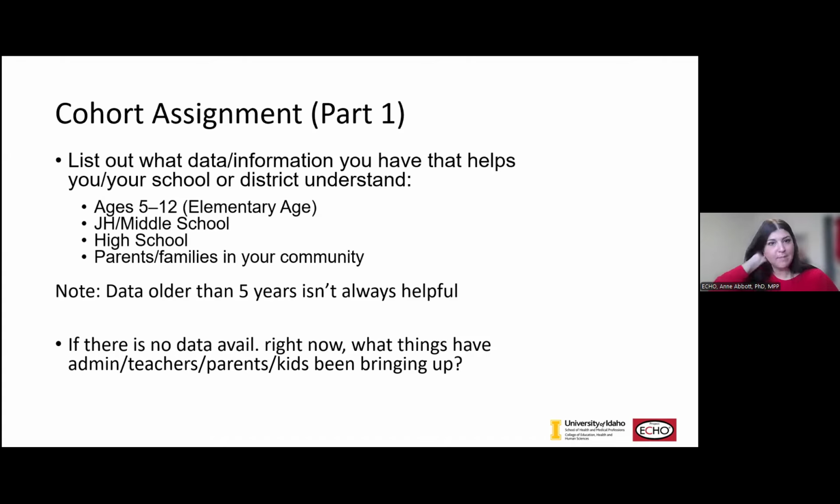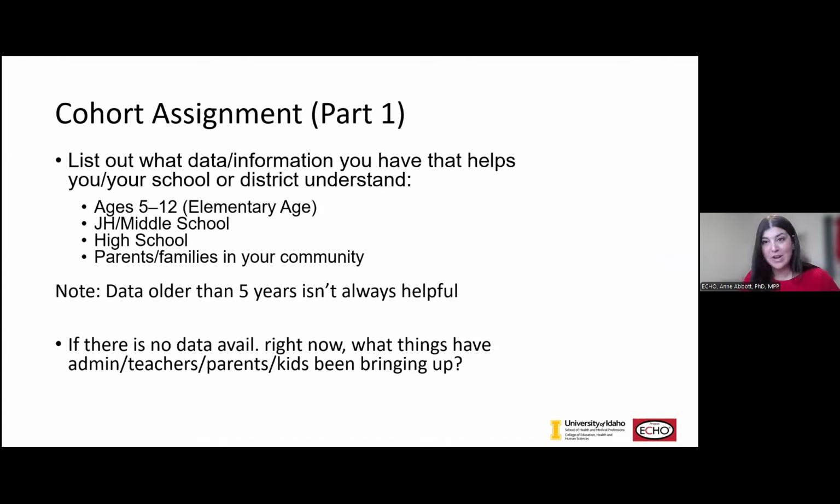So for the cohort assignment this week, we are hoping that we can do a little mini version of what Norm just described was a super helpful process for MARSing schools. So what we'd like folks to do is start by listing out their data or information that they have that helps their school or district understand the various populations they're serving or interfacing with. Just a note on that, if you have data that's older than 5 years, it might be helpful, but it also might not be helpful.